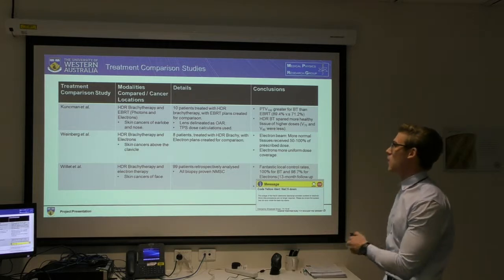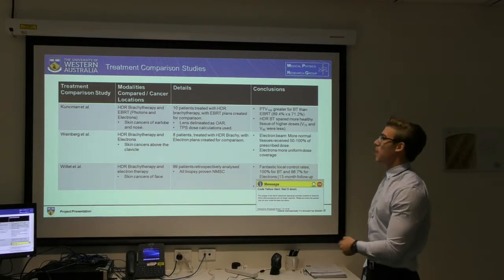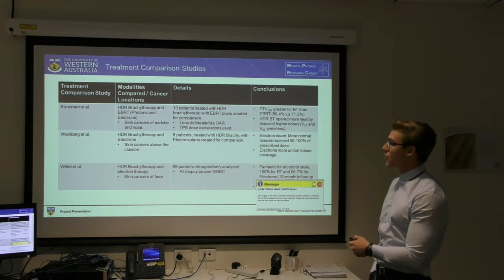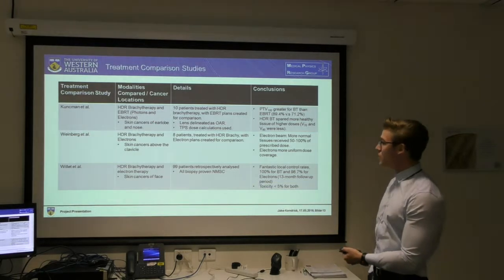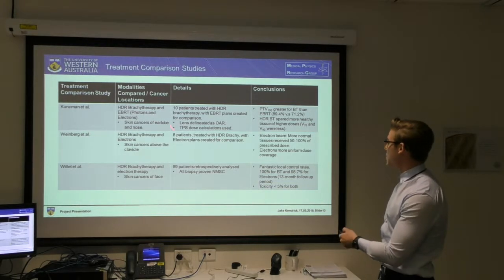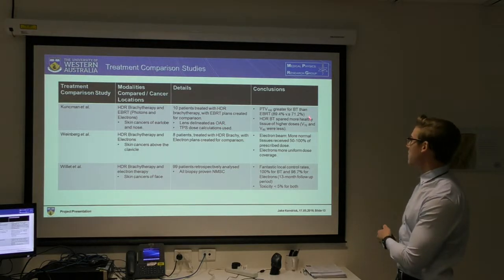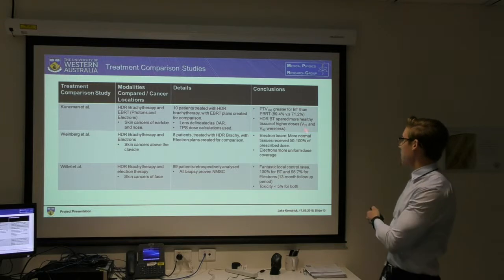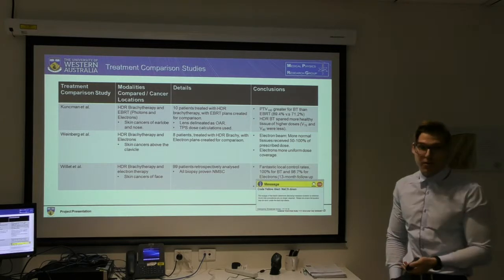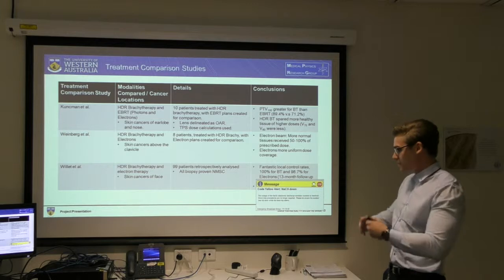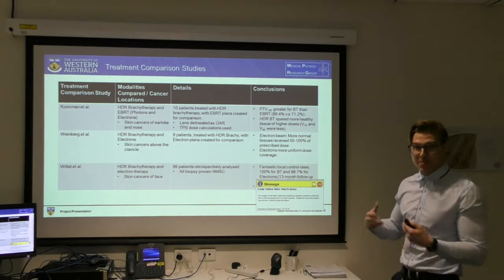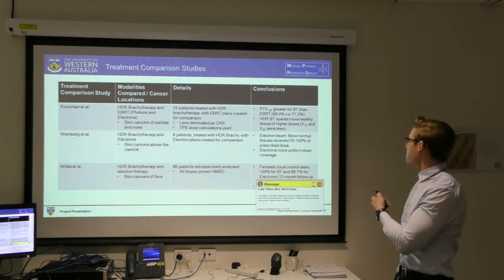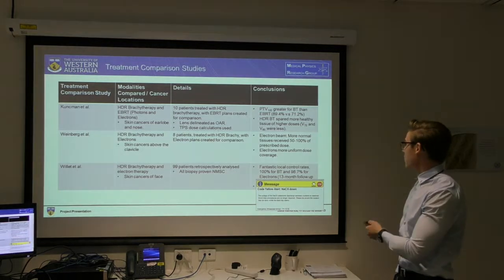Kunkman and his colleagues compared high dose rate brachytherapy to photons and electrons for skin cancers of the earlobe and nose. What they found was that in the 10 patients they analysed, the planning target volume receiving 100% of the prescribed dose was greater for brachytherapy than for external beam radiotherapy. So it was a bit more coverage of the tumour, I suppose, for brachytherapy than for the photons and electrons.